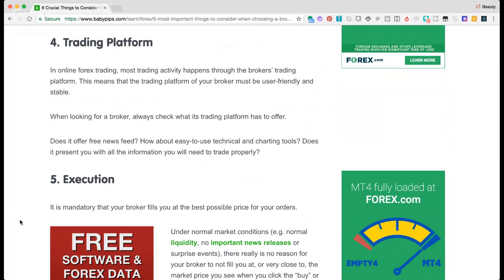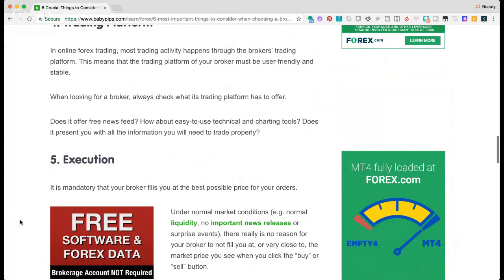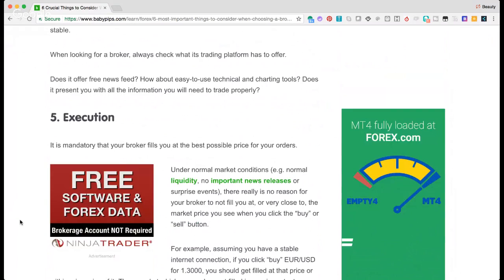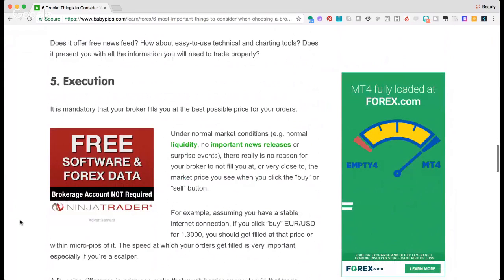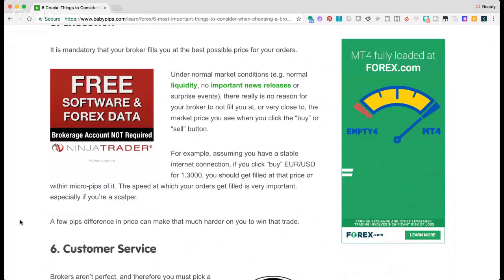5, execution. It is mandatory that your broker fills you at the best possible price for your orders. Under normal conditions, for example, normal liquidity, no important news releases or surprise events, there really is no reason for your broker to not fill you at or very close to the market price you see when you click the buy or sell button.